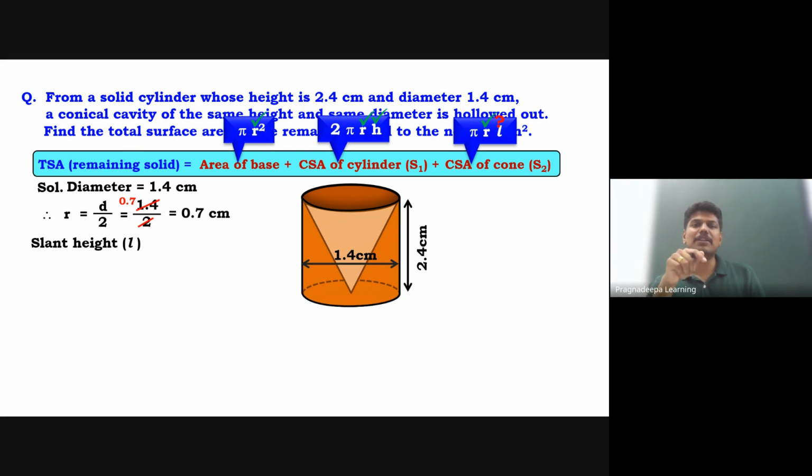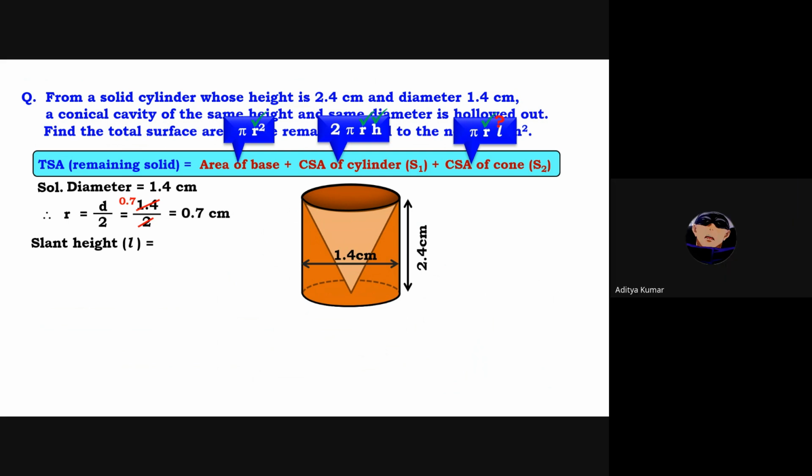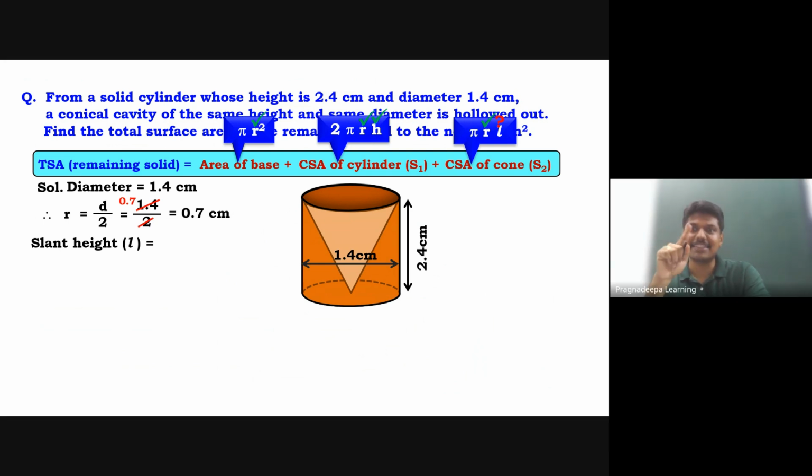What is the relation between the height, slant height, and radius of the cone, Aditya? So l squared is equal to r squared plus h squared. l is equal to the square root of r squared plus h squared. How did you get this? Jeevanika, can you answer?